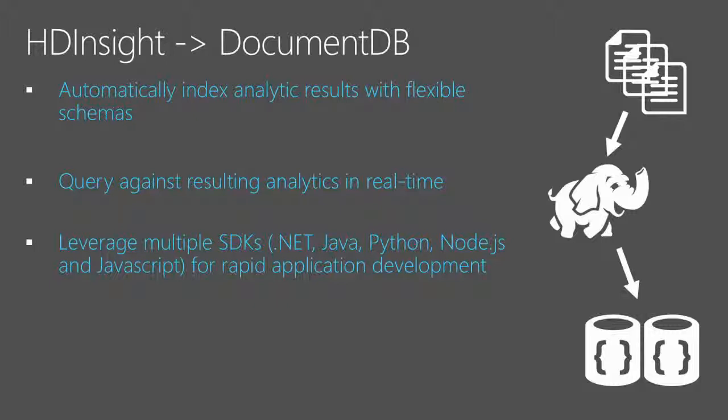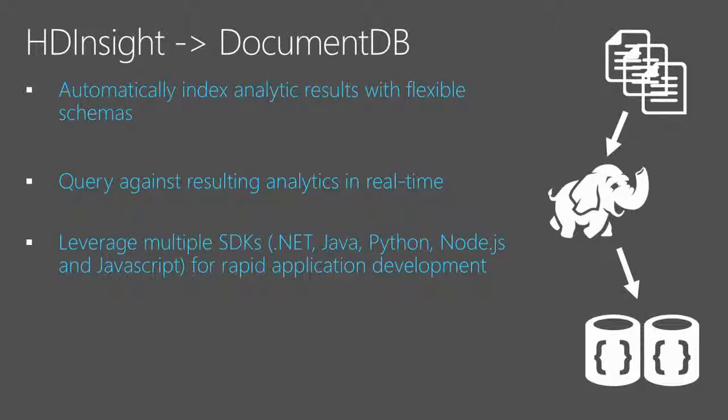Hadoop is batch processing, which means you submit a Hadoop job, you wait 30 minutes, maybe an hour, 2 hours. You get the results, and then you can look at it. But how do you repeatedly access it? You can store it in HBase, in blob storage, or in DocumentDB. Storing it in DocumentDB means you have these already indexed, already available. You can easily make applications to use them.